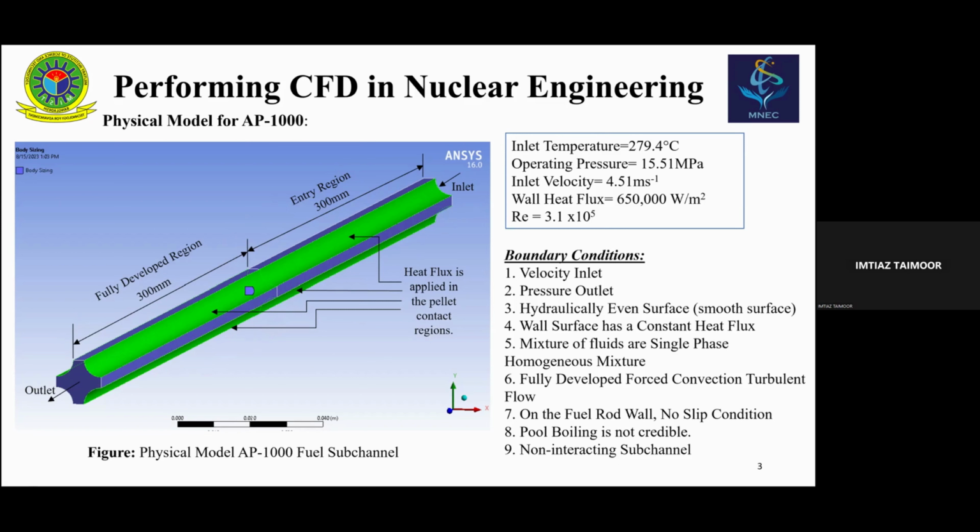So all the properties that we need to take for the flow must be taken in the fully developed region. Go through your fluid mechanics course, or in level 4 you will perform your ANSYS course.